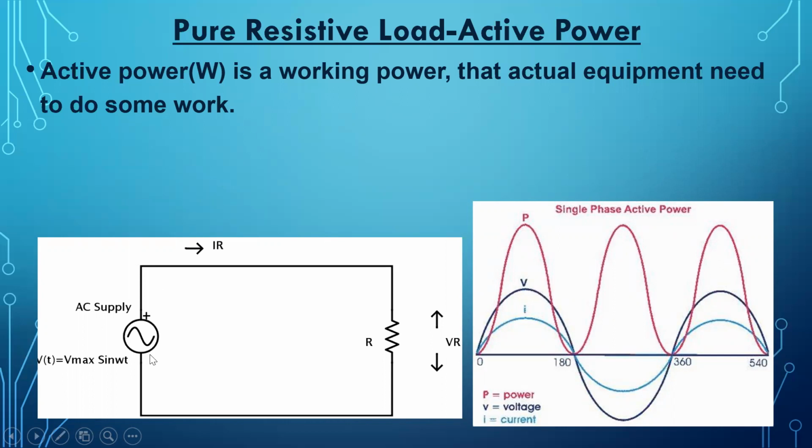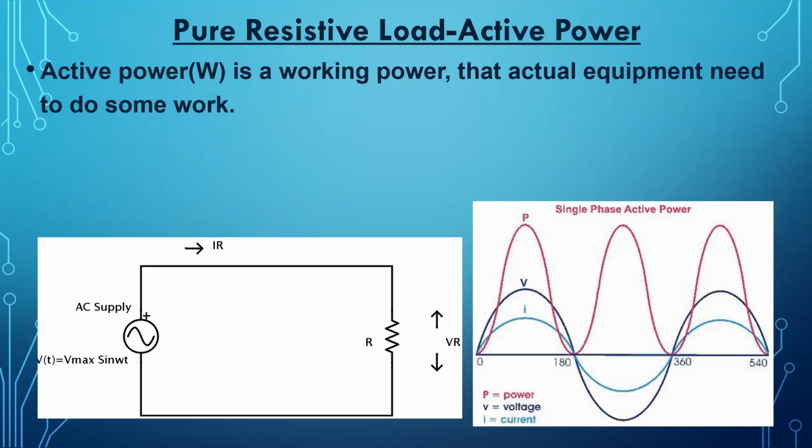Whatever electrical energy the generator is producing is converted into heat energy by this resistive load. Some examples of resistive loads are heaters, galley heaters, room heaters, and soldering irons. This type of equipment has purely resistive loads.